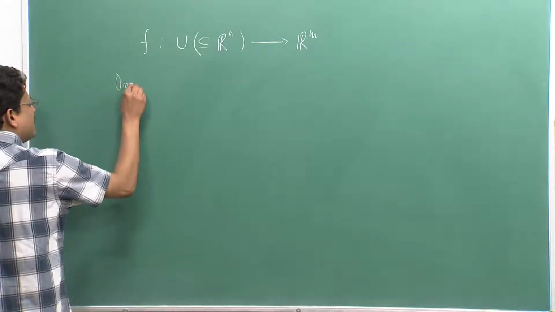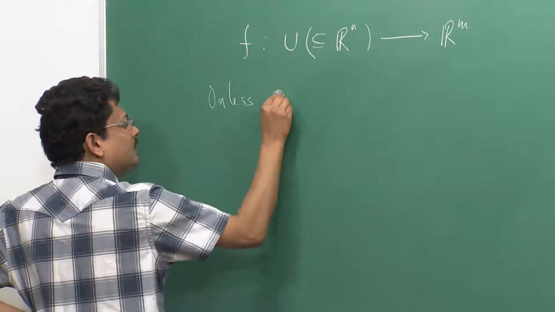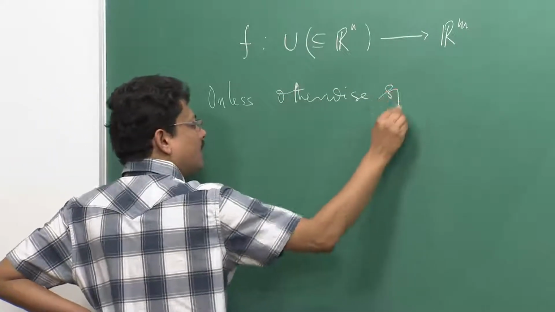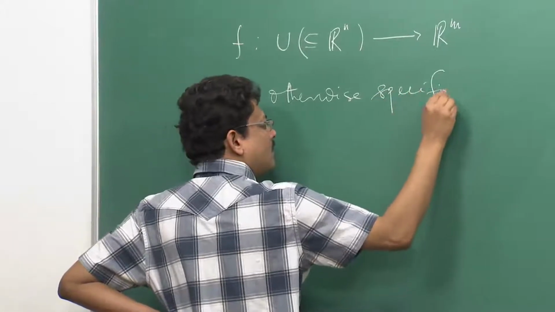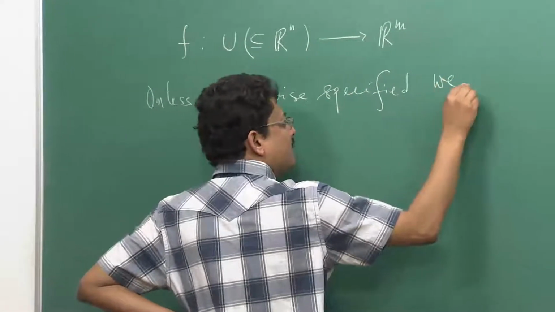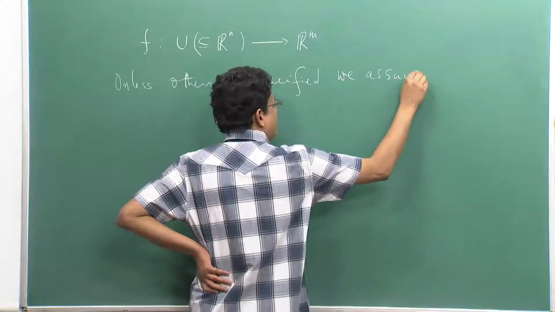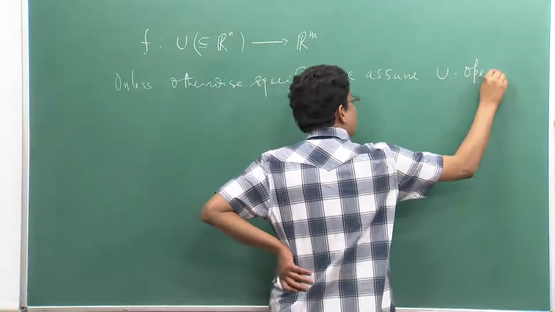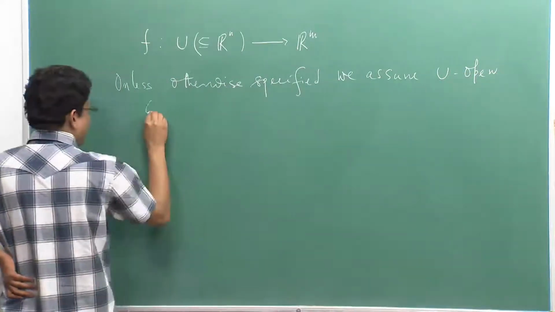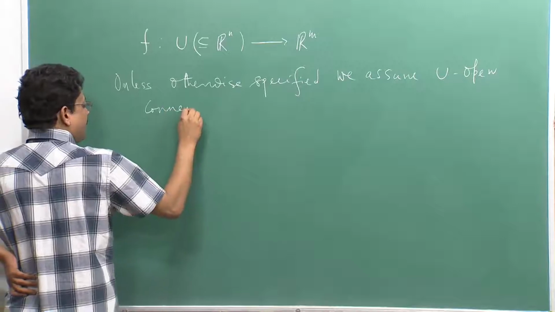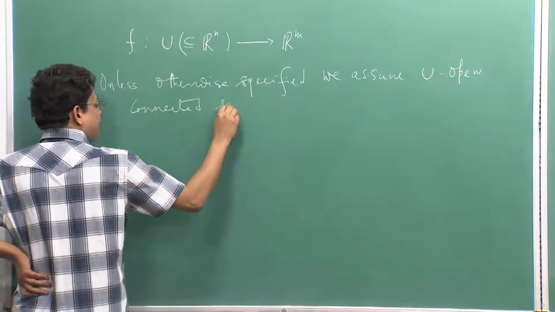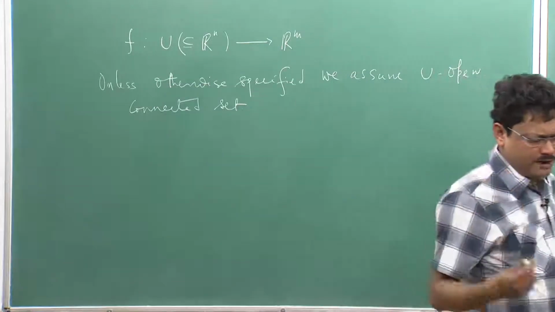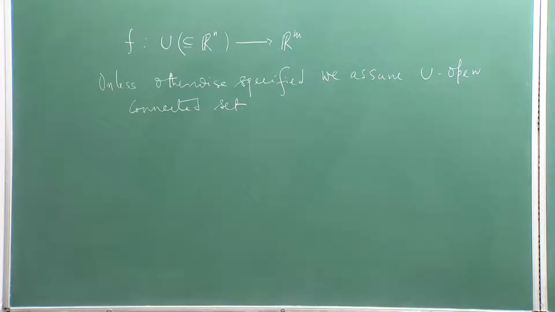So, unless otherwise specified, we assume U to be an open connected set. Because there is always a problem in defining derivative at boundary, this becomes one sided.